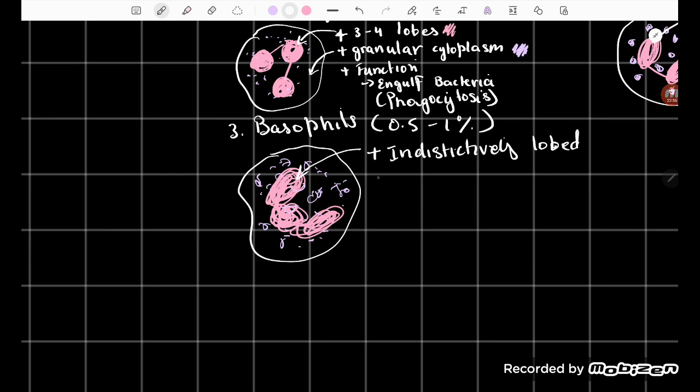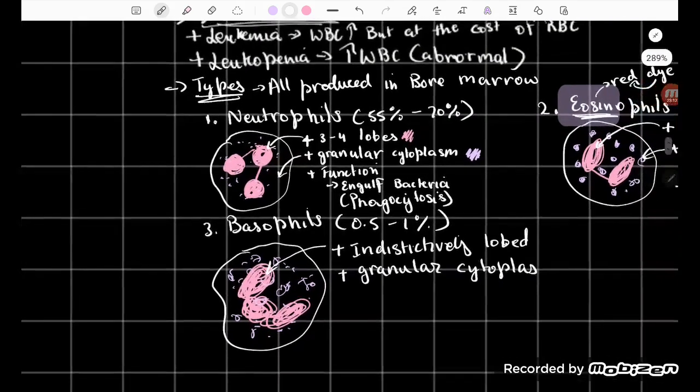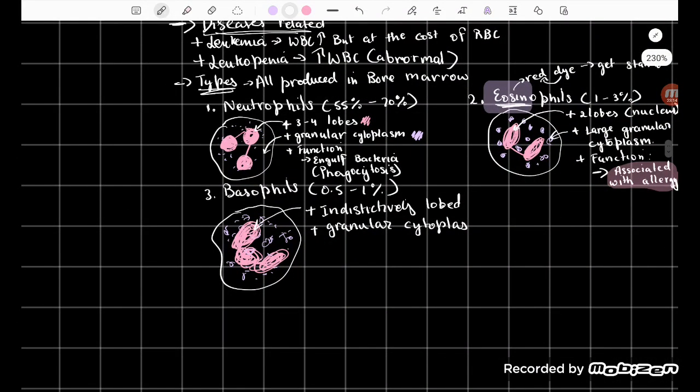It again has granular cytoplasm. All of these three have granular cytoplasm, because WBCs are divided into two main types, granular and non-granular. So remember that all these three are granular.